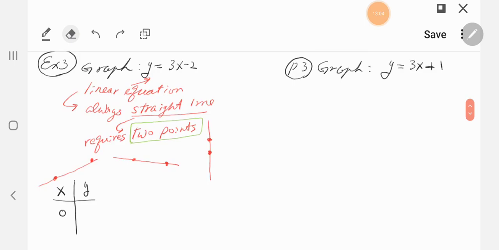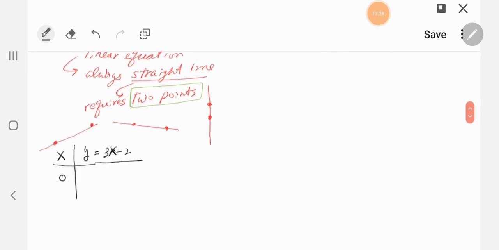So if x equals 0, then what happens? Here y is equal to 3x minus 2. So why don't we just plug in this x value directly?